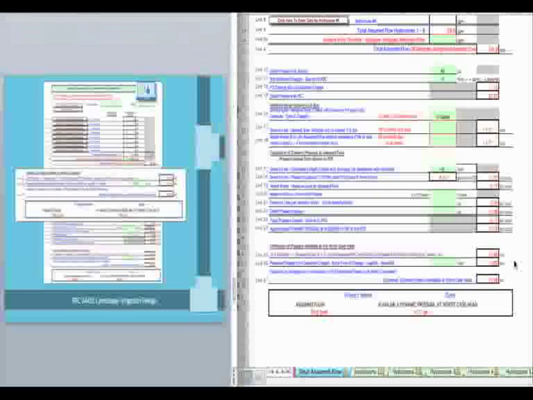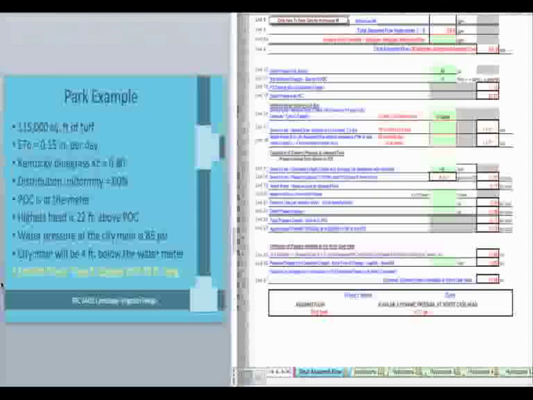However, we have some additional information that we can use. So line 26 asks for pressure change from elevation change to that highest head. So let's go back to our example and note that it told us highest head is 22 feet above point of connection.